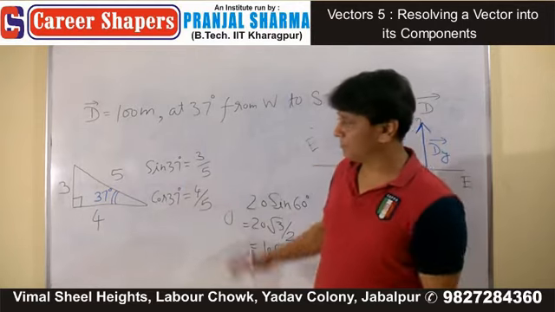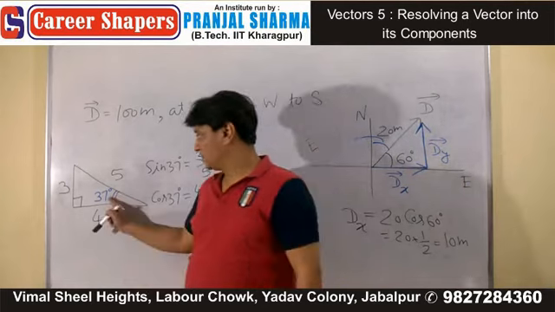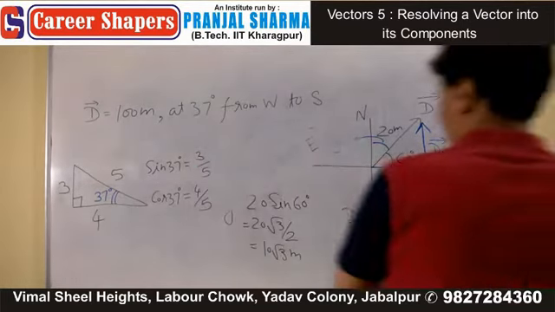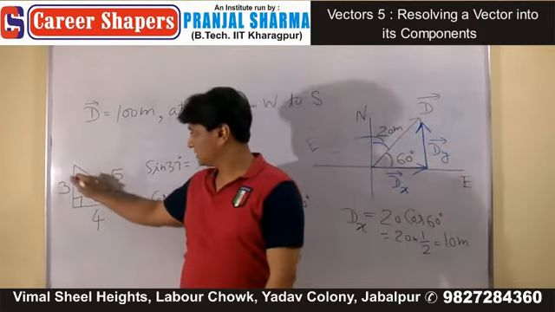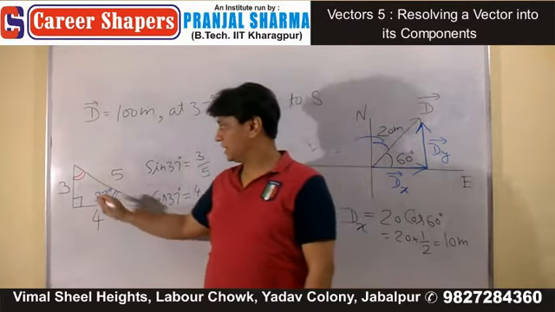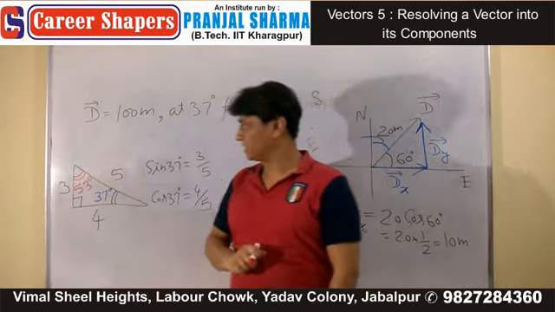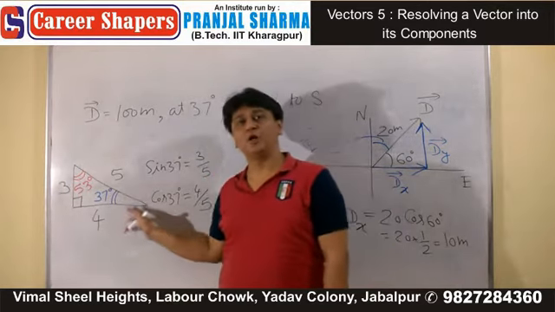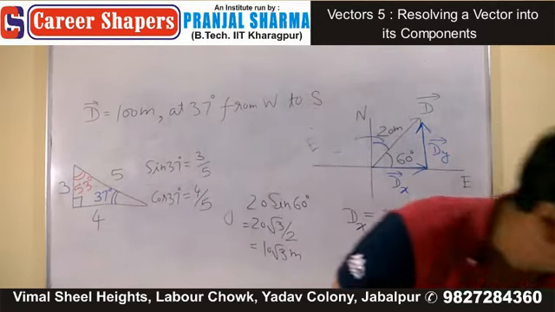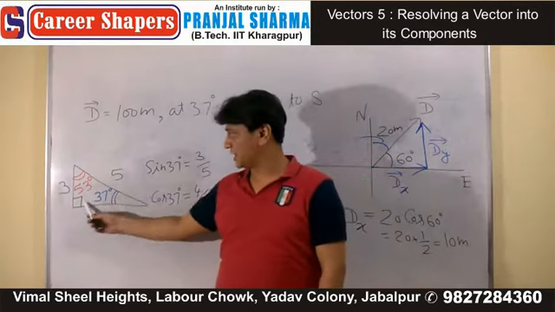At the same time, look again. If this is 37, then this angle is 53 degrees. Sum of all three should be 180. This is 37, this is 90.